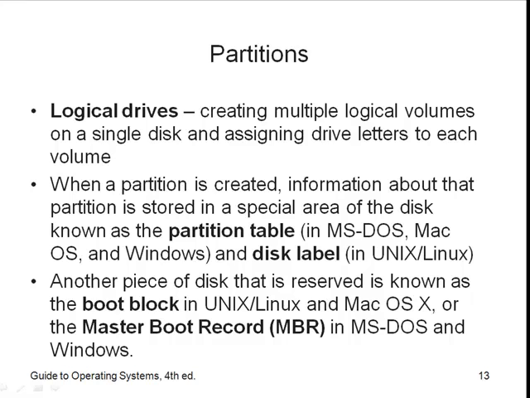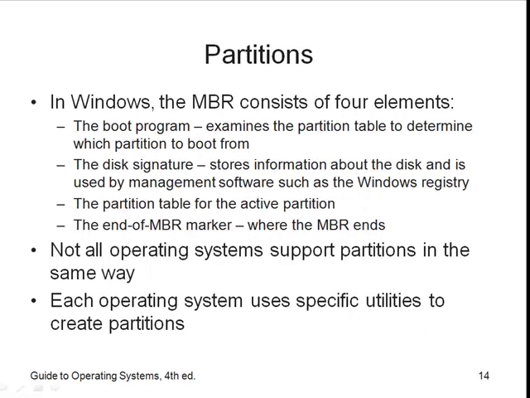Another piece of the disk that is reserved is going to be known as the boot block in Unix and Linux and in Mac, or we call this the master boot record in DOS and Windows. The master boot record will consist of four elements. The boot program, which examines the partition table to determine which partition to boot from.